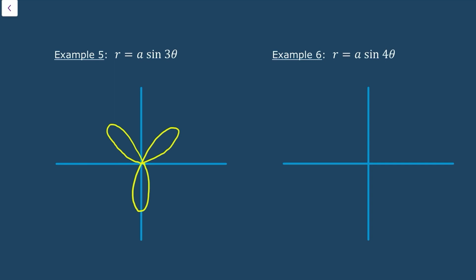Again, just out of interest, I should have done that with the previous one as well. This is going to be going through pi by 6. This will be 5 pi by 6, and that's the 3 pi by 2 axis.